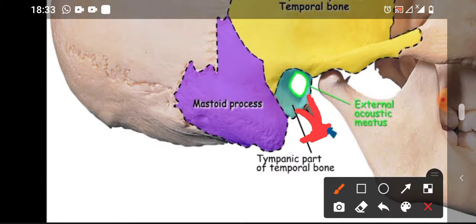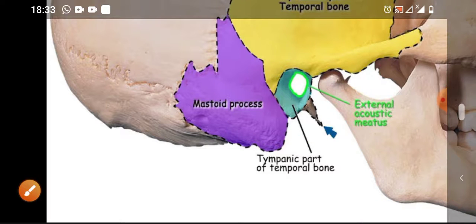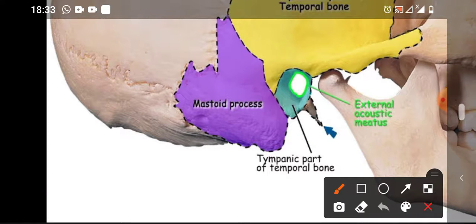This one is the ramus of the mandible, and behind the ramus the apex, I am clearing it, again I will draw it. So the apex of this styloid process lies just behind the ramus of the mandible, and the base lies just behind the tympanic plate.